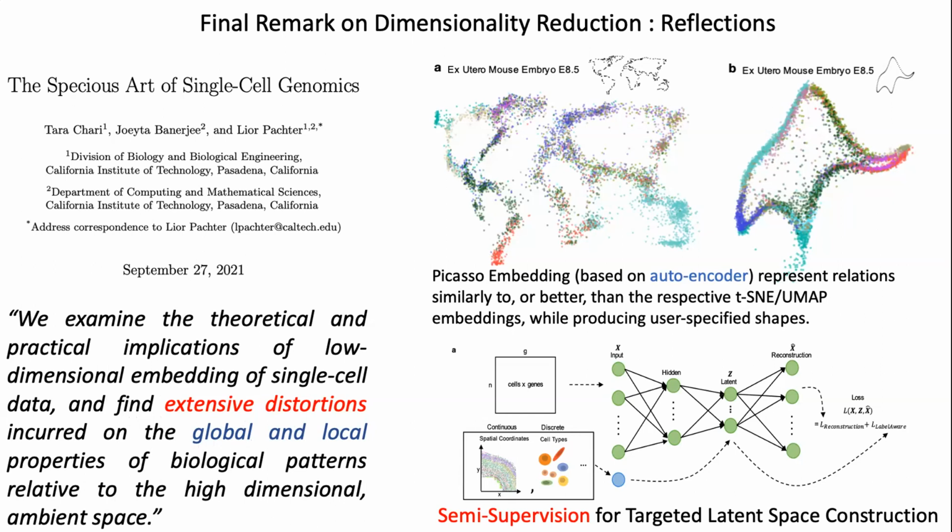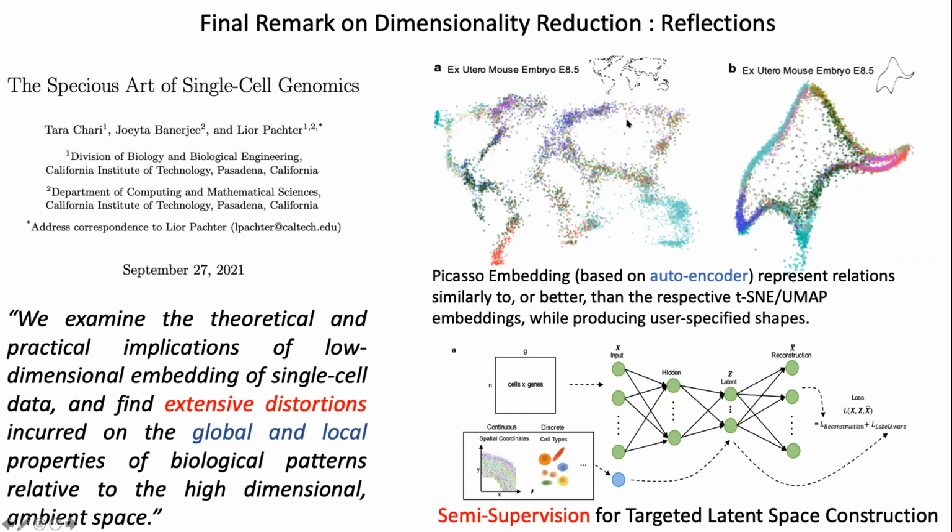But I think we are mentally prepared to accept that after the previous slides, because we already discussed many drawbacks and limitations of t-SNE and UMAP. So it's not surprising at this point to see this claim. What they do is invent something called Picasso embedding. It's based on an autoencoder, deep learning, to represent relations.